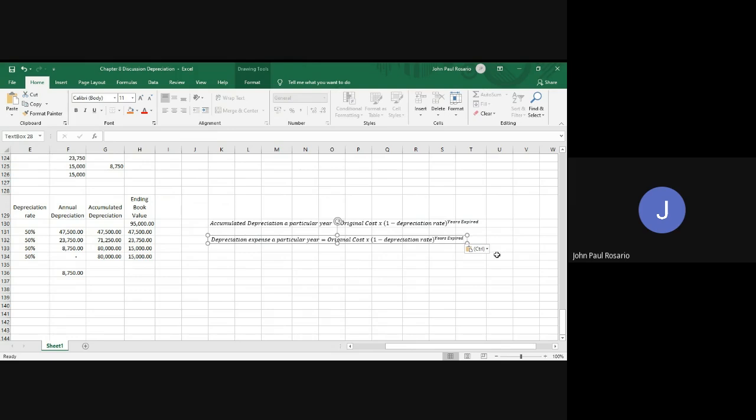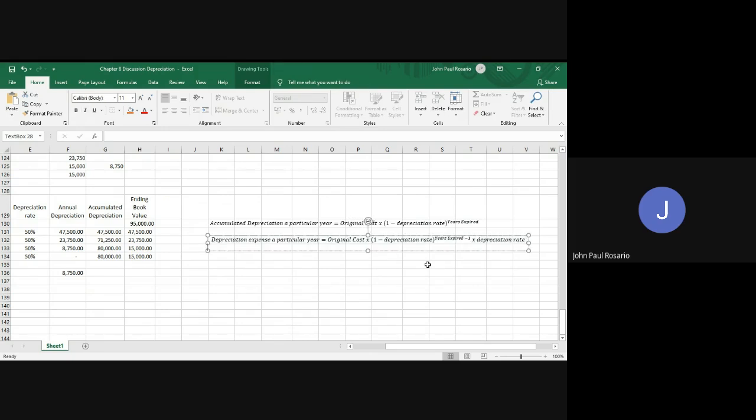So original cost times 1 minus depreciation rate raised to the power of years expired minus 1, and then you multiply this by the depreciation rate.